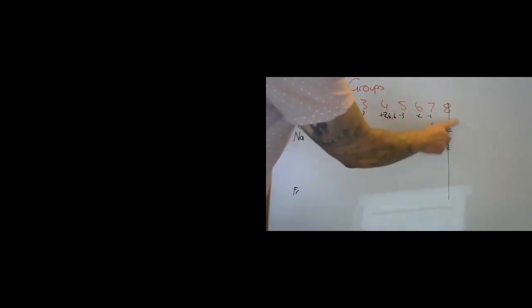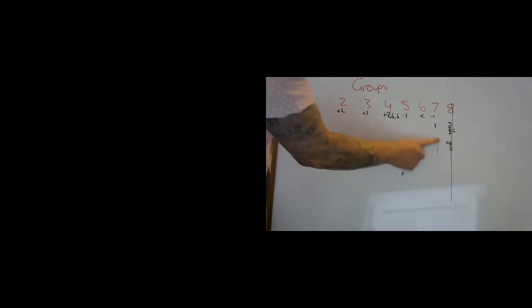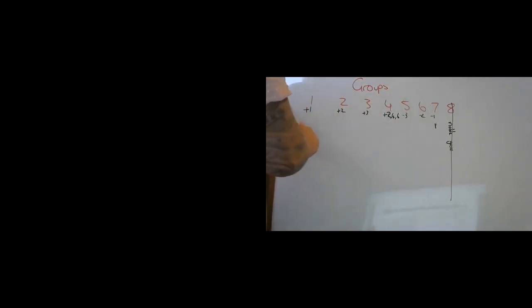So if we have something like hydrogen and carbon, hydrogen being group 1, H and C. If you look at the electronegativity difference between carbon and hydrogen, the difference is only 0.4.